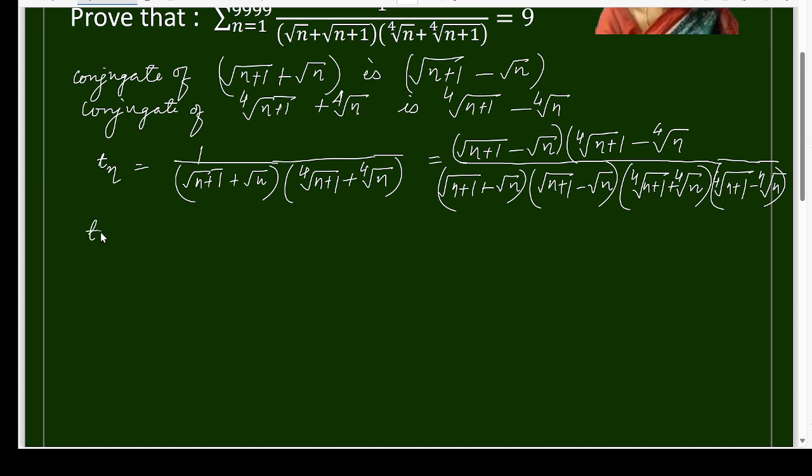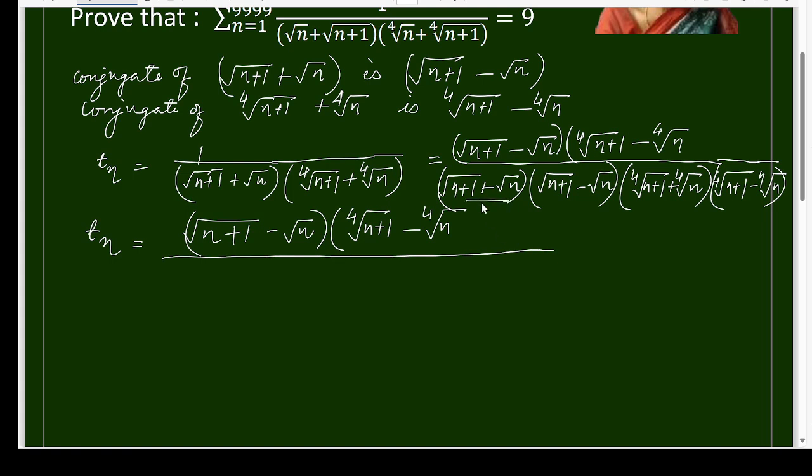On simplification, there will be no change in the numerator. It will be as it is: square root of n plus 1 minus square root of n, times fourth root of n plus 1 minus fourth root of n. And let us see what is the change in the denominator. After the multiplication of conjugates, a plus b multiplied by a minus b becomes a squared minus b squared, so it will become n plus 1 minus n.